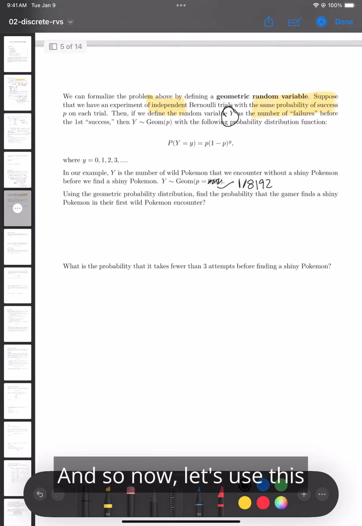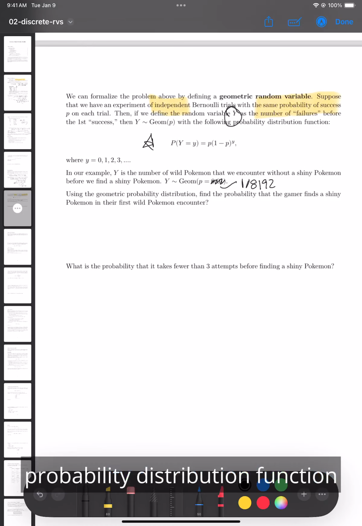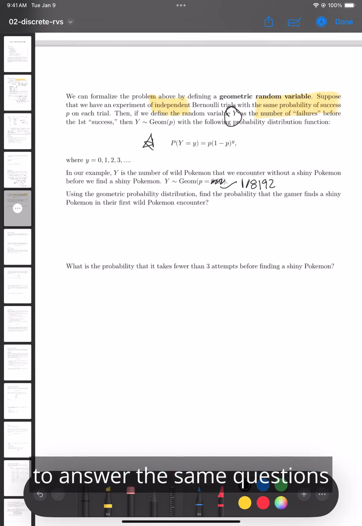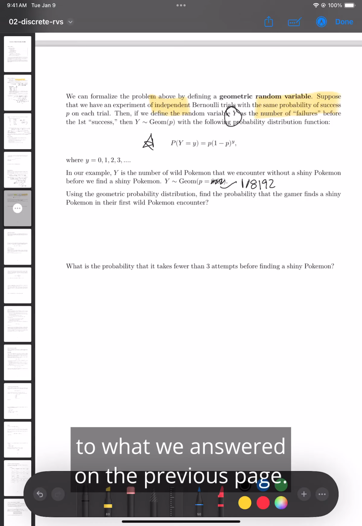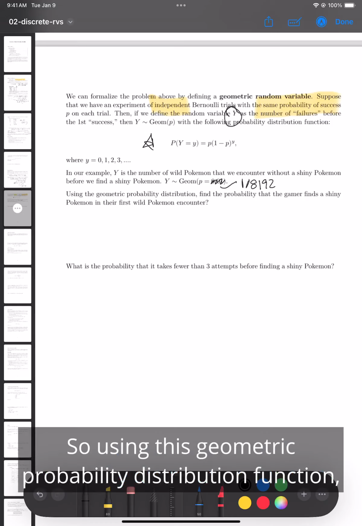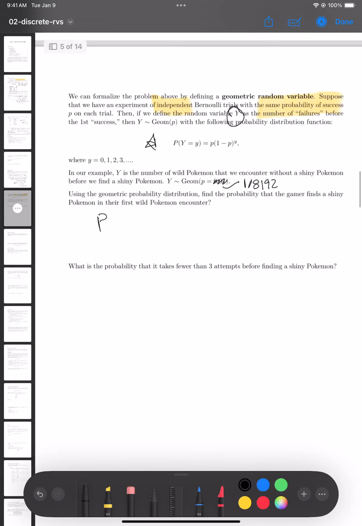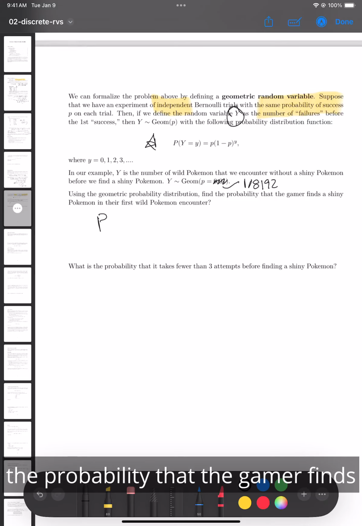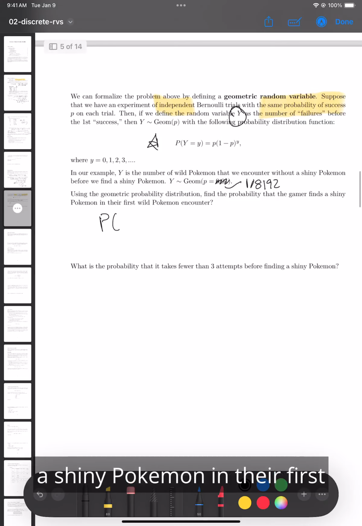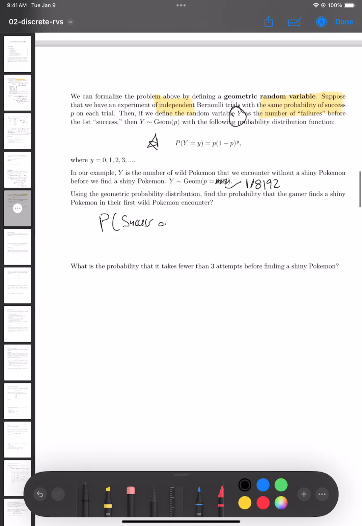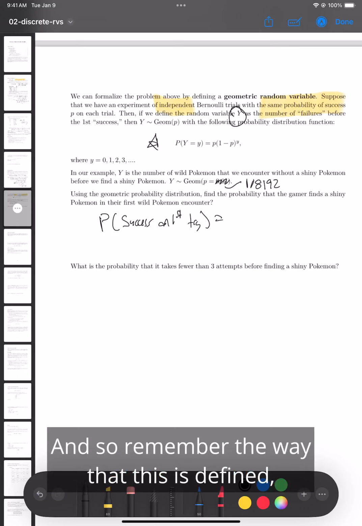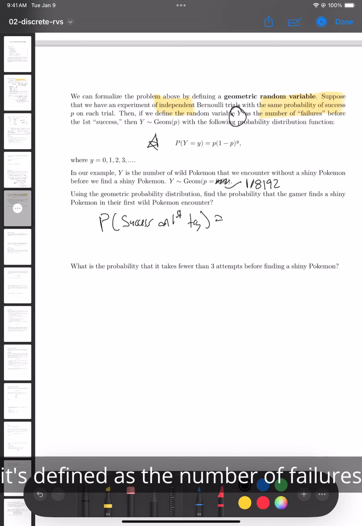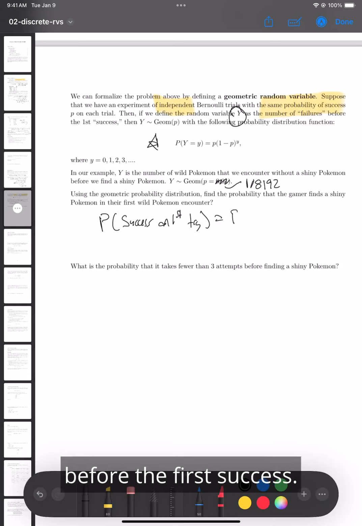And so now let's use this probability distribution function to answer the same or similar questions to what we answered on the previous page. So using this geometric probability distribution function, we could find the probability that the gamer finds a shiny Pokemon in their first wild Pokemon encounter. And remember the way that this is defined, it's defined as the number of failures before the first success.